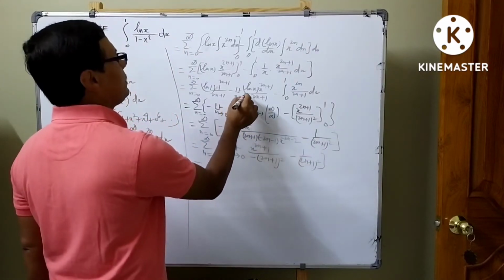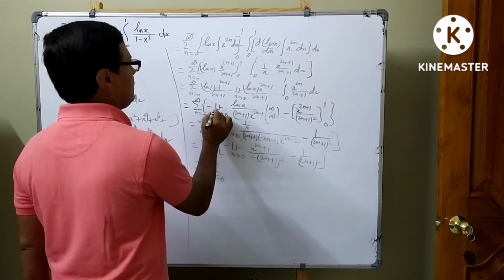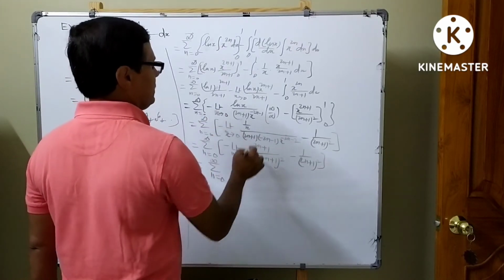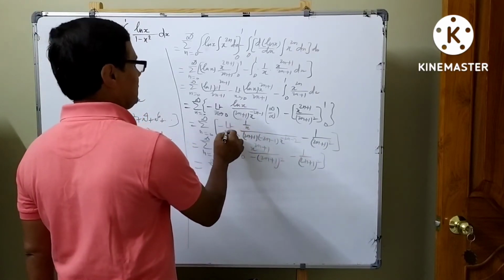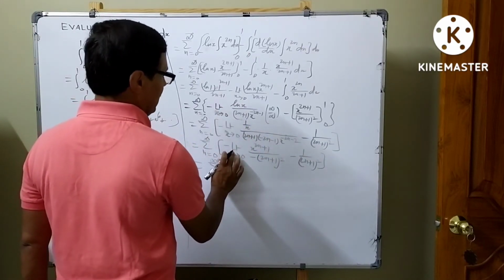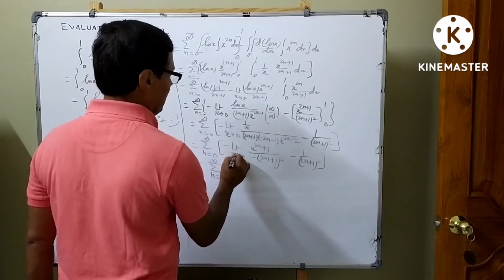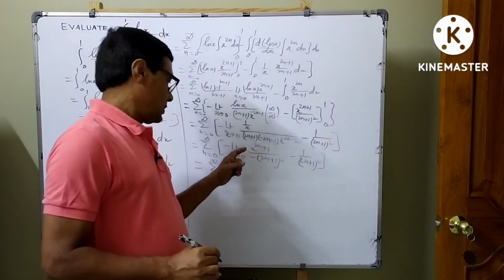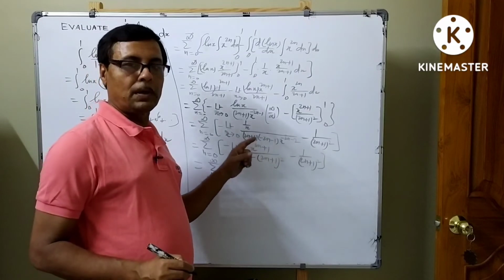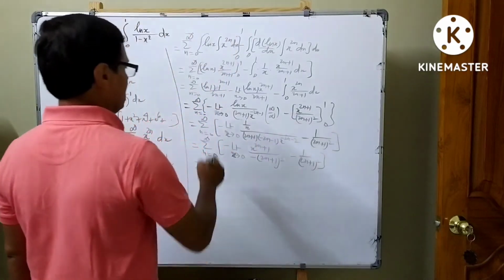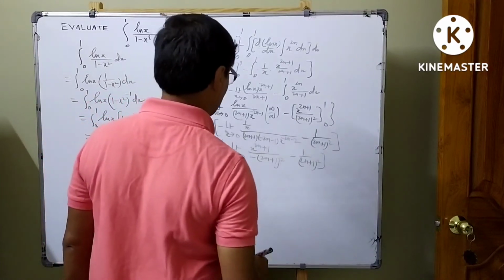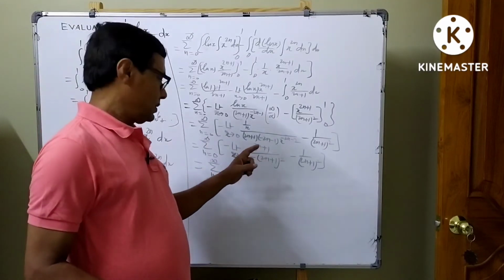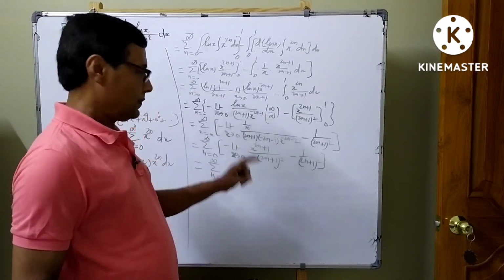Sorry, this is not n tends to 0, this is x tends to 0. This is a function of x, so the limit is x tends to 0, not n tends to 0. So the value of this limit is 0, because as x tends to 0, this is 0.